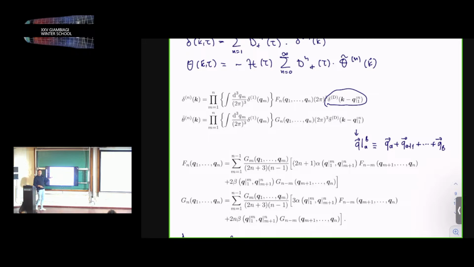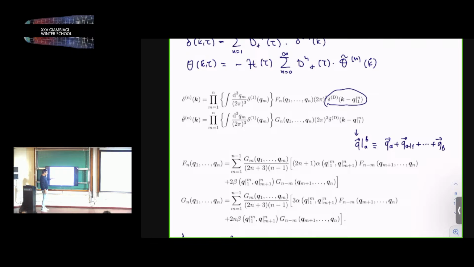So this is just a different manifestation of the fact that you're solving this differential equation perturbatively using this iteration. Okay? So starting from the lowest order, where F1 is 1 and G1 is 1, you can build all higher order perturbation theory kernels using these simple recursion relations.